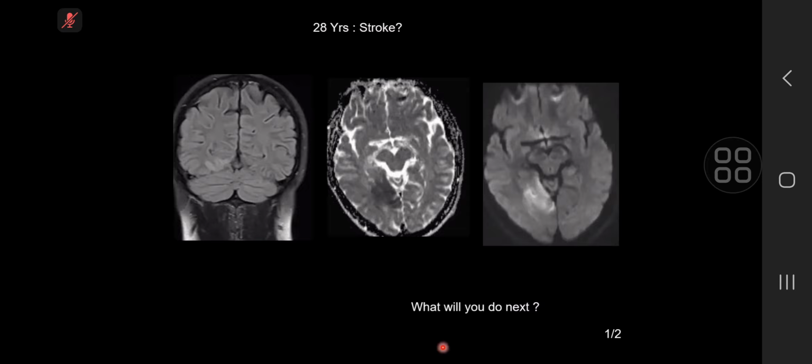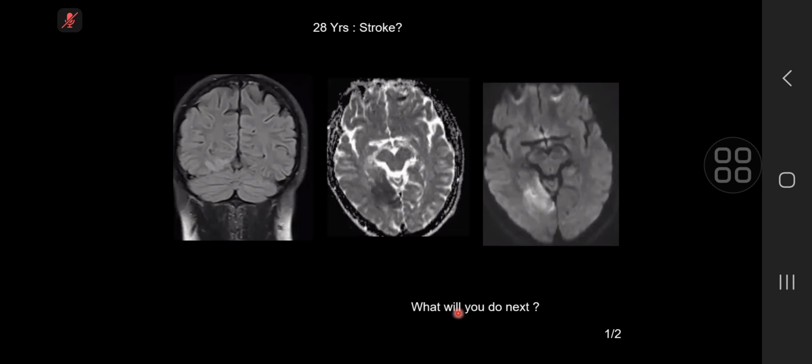Appearances are quite suggestive of a regional territory pathology in the temporal lobe. Just wondering whether there's no other area involved in this slice. So I'm just wondering whether there's a temporal lobe stroke now, and I'm thinking about the vascular territory. Which vascular territory will it be supplying? Whether it's a posterior circulation stroke, PCA is involved on the left side.